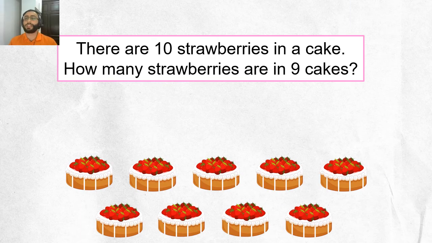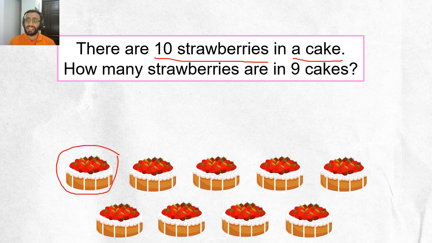Now, let's look at this one. This one is a very yummy example. There are 10 strawberries in a cake. Okay, so one cake like this one, there are 10 strawberries. Okay, so 10 strawberries on one cake.